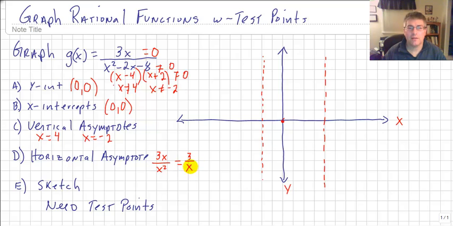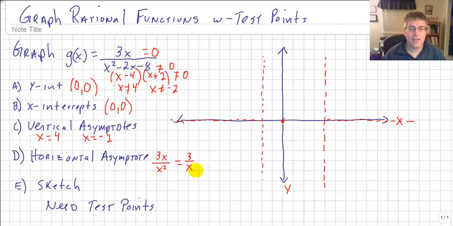Well, the larger x gets, whether it's positive or negative, whether they're huge negative x's or huge positive x's, this fraction is going to get closer and closer to 0. So our horizontal asymptote for big x's is our x-axis. It's when y equals 0. So we know that as we choose very large negative x's and very large positive x's with asymptotic behavior, it's going to get closer and closer to this line.